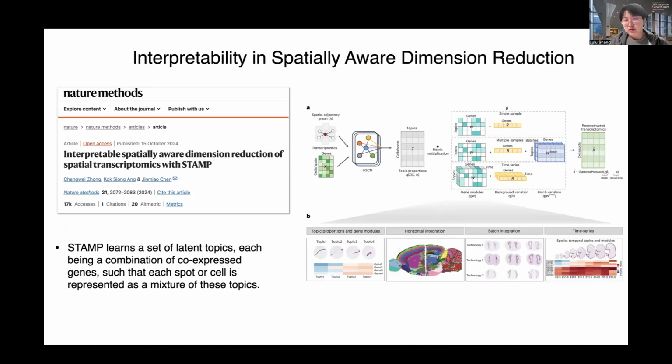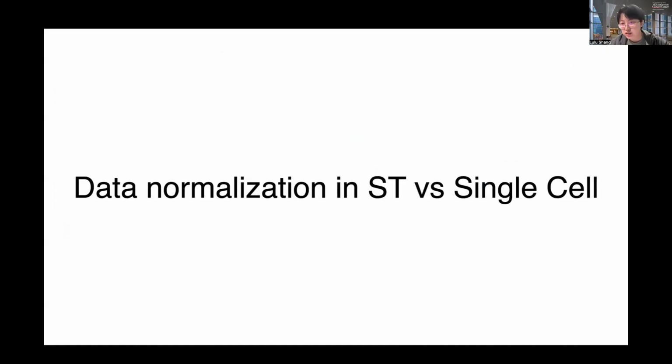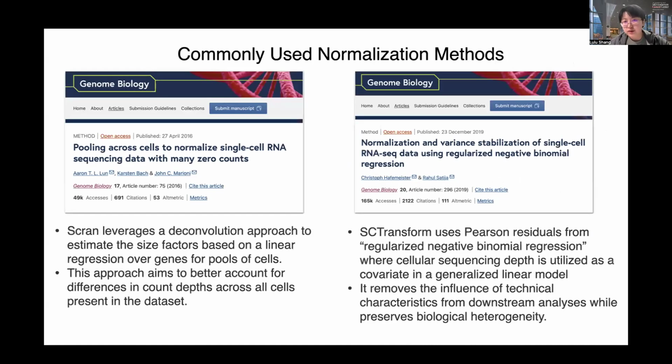So there are also many more methods in the field, but I just picked a subset that are more representative. Another key challenge in the field is data normalization. Usually after you do the data normalization, you can do many downstream tasks.